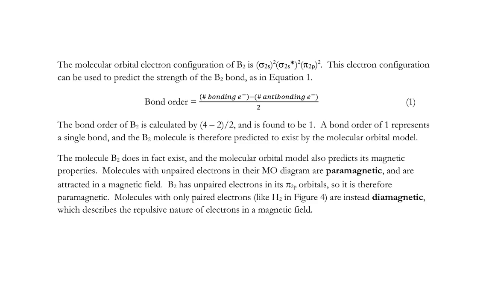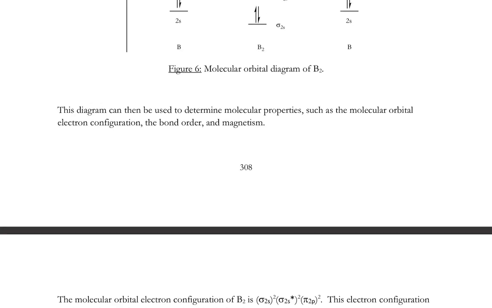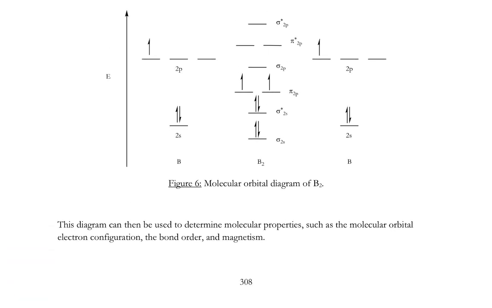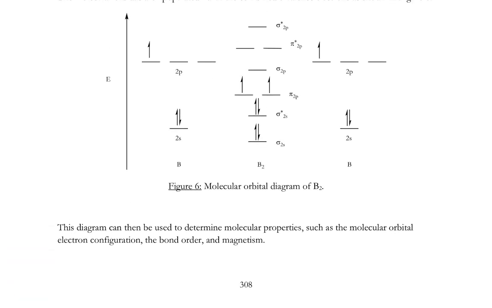And the bond order is the number of bonding electrons minus the number of antibonding electrons divided by 2. So let's go up to our diagram again. The bonding electrons are the sigma 2s electrons and the pi 2p electrons.